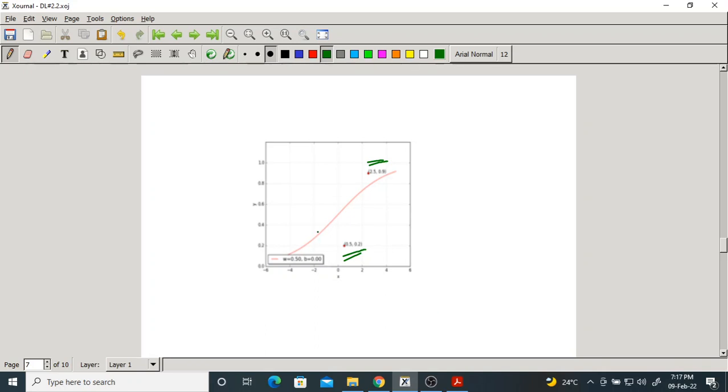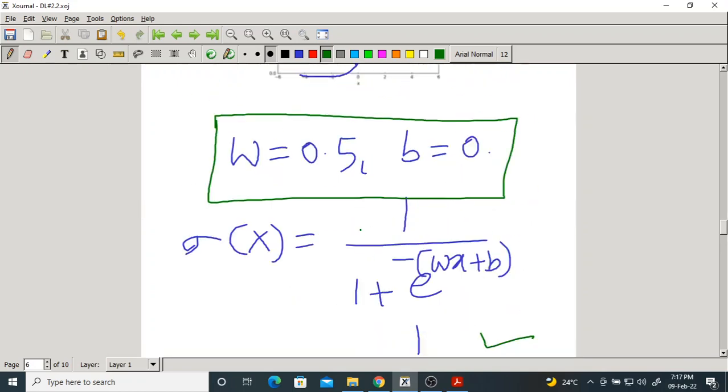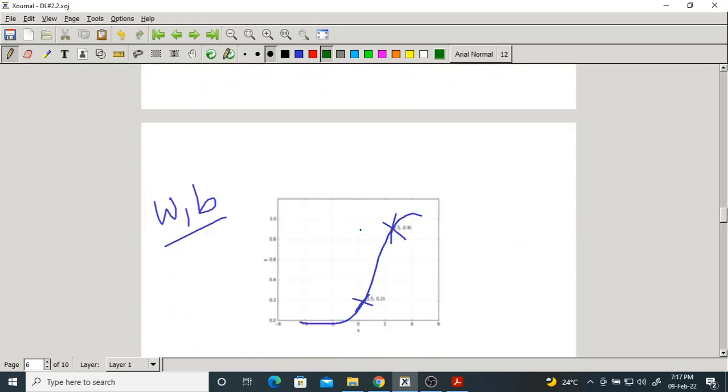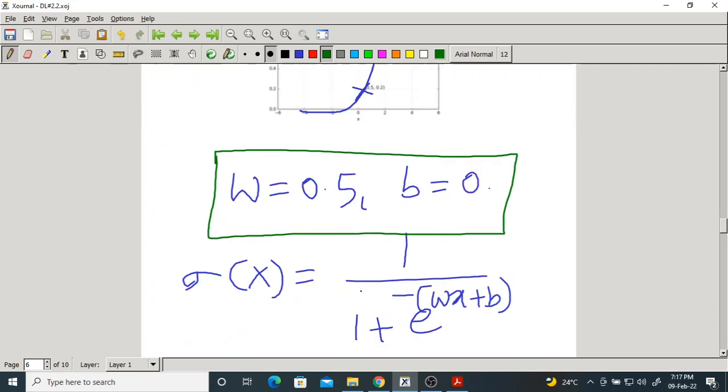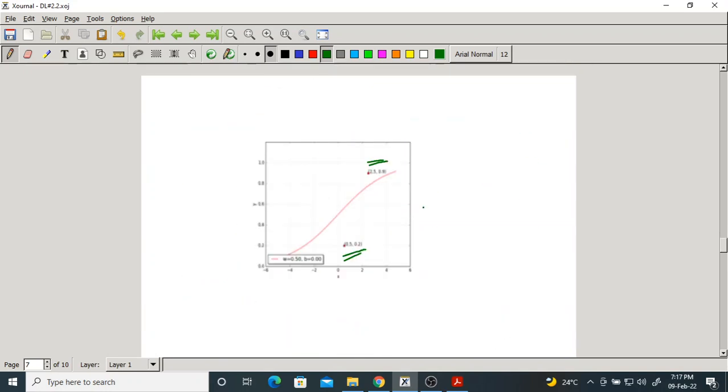How bad it is depends upon the loss that you get from these 2 values. If this were the proper sigmoid function, all the data points, here only 2 points, would lie on it, and the loss would be 0. But with W equal to 0.5 and B equal to 0, I am getting a bad approximation because the data points are not lying on the sigmoid function, so obviously there is a loss.